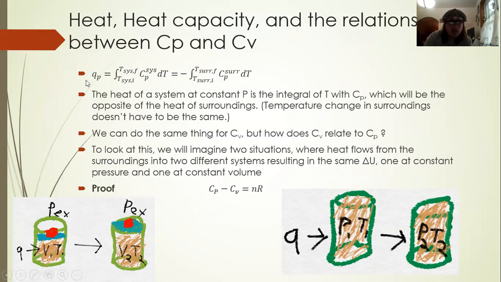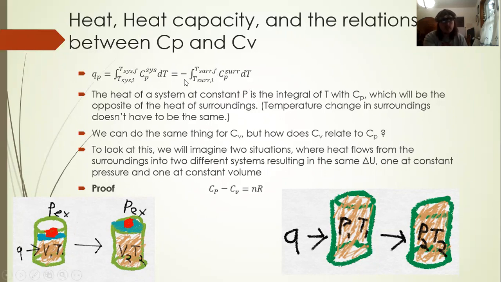Now, remember that the heat change of a system is equal to the negative heat change of the surroundings. So we can look at Q_P is delta T_F minus delta T_I of the system times C_P, and that's equal to negative delta T_F minus delta T_I of the surroundings times C_P. So the heat of a system at a constant pressure is equal to the integral.